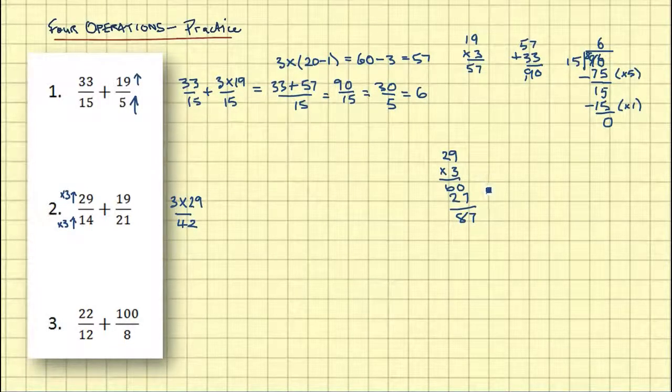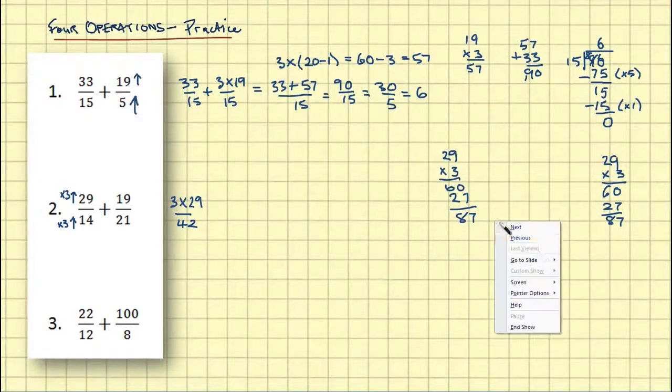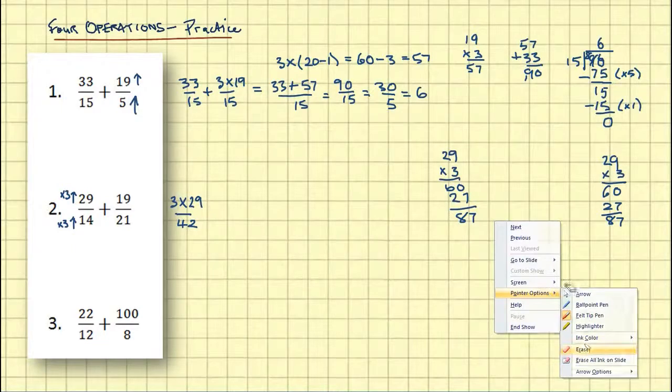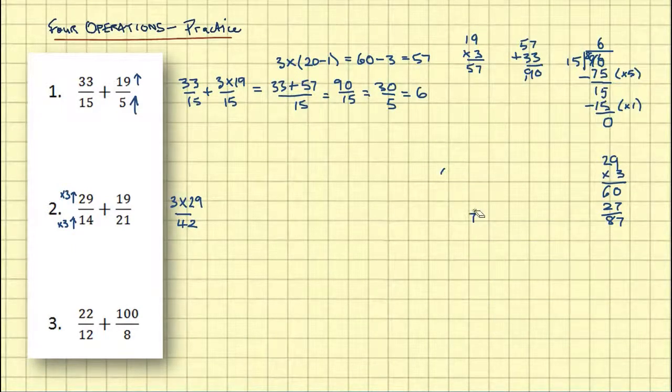And so we've got 60 add 27 is 87. Okay? So that's a double check of what we were doing, just to make sure. And in fact, I'm going to rewrite that over here, line it up nicely, just to show the examiner, if they're looking, what it is that we did. Okay, 87. Let's just erase that, move that out of the way.